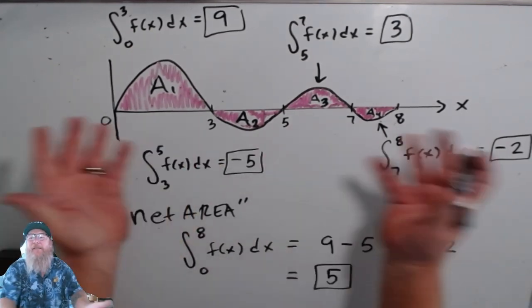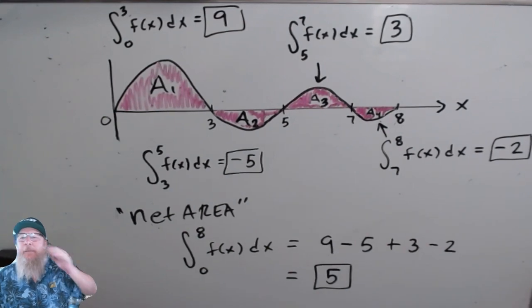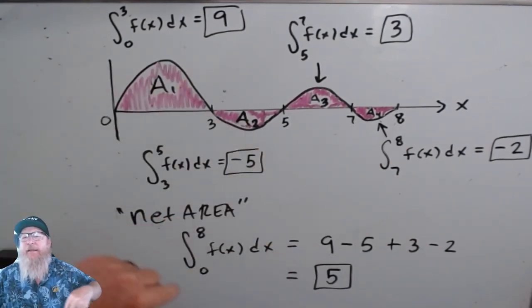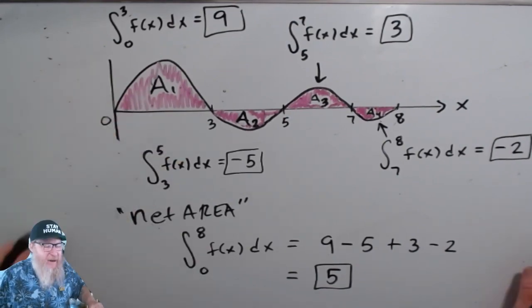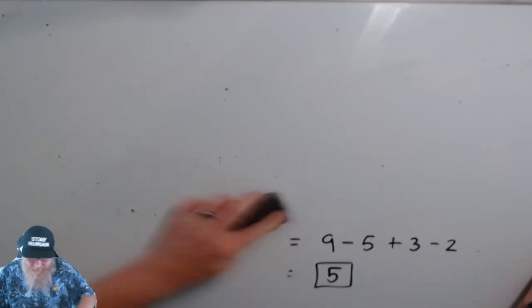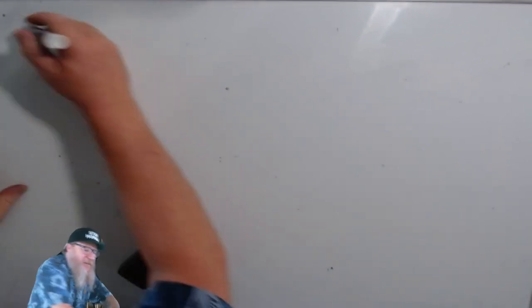So that's one that's kind of already done for you. In the next video, we'll see some examples like this where you have to actually find the area. Let's end this with number 7 today.